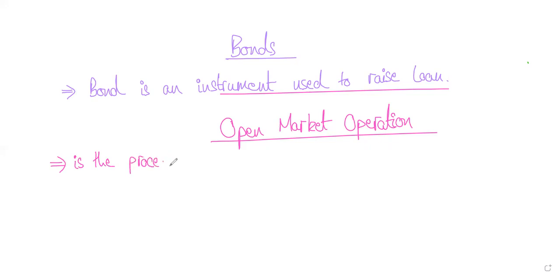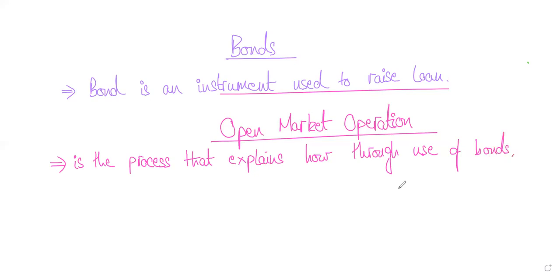that explains how, through the use of bonds, the government can affect the money supply.